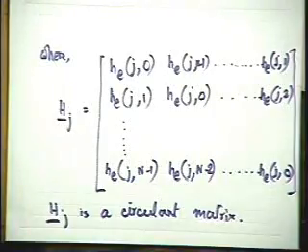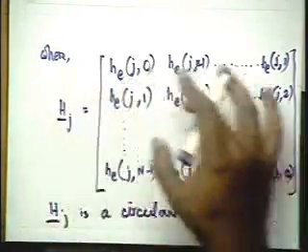So individually all these Hj's are circulant matrices.